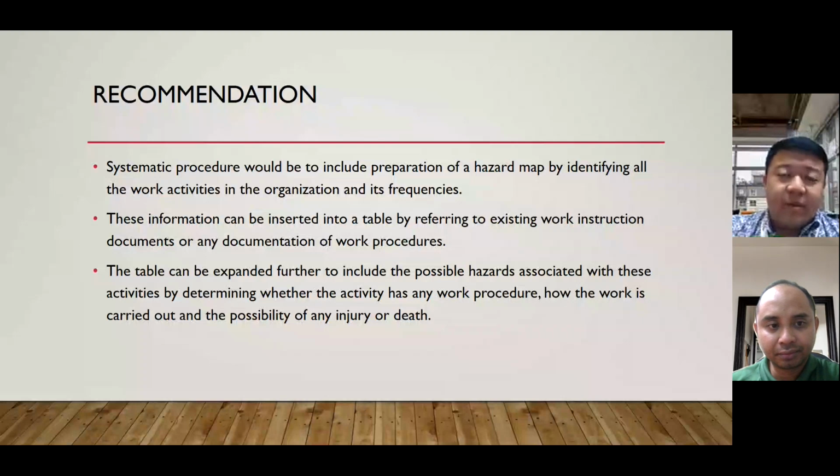This information is extracted from work instructions, documents, or your work procedures. From these work procedures, we will know the exact work activities involved for each work. From here, we can identify the possible hazards and then expand it to include the possible consequences that the workers may face during the conduct of this work activity.